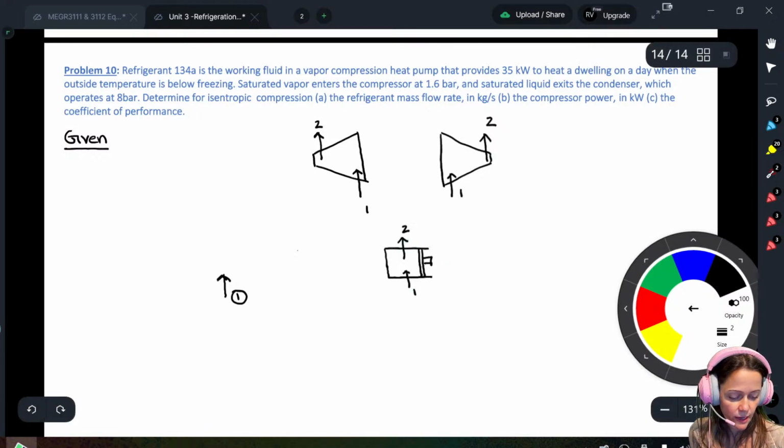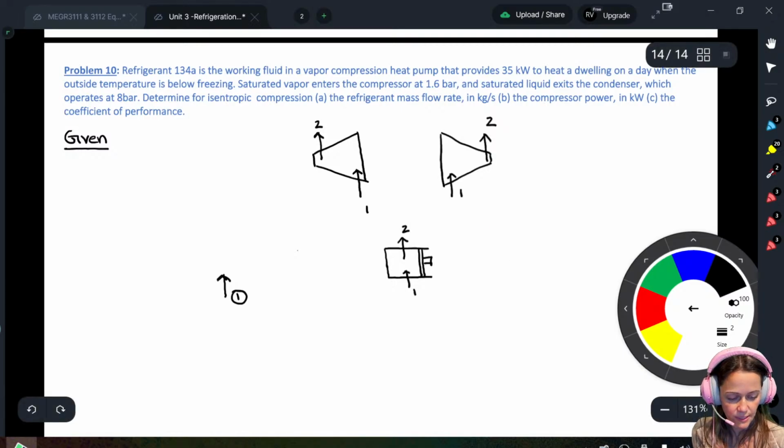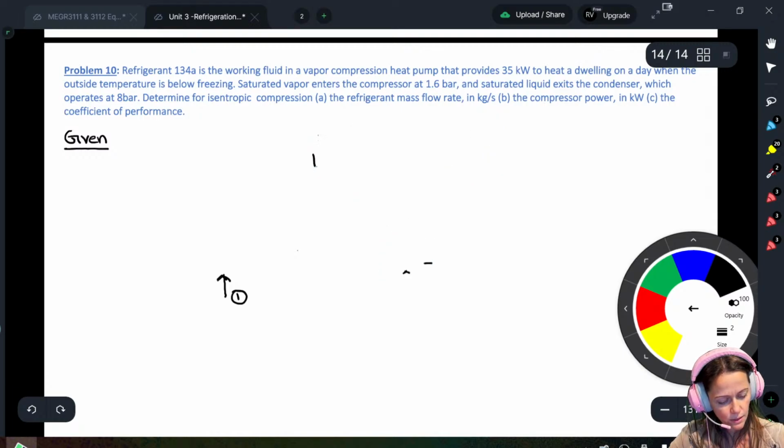This one right here would be a reciprocating type piston cylinder compressor. These would be centrifugal or axial designs. It does not matter for our purposes.